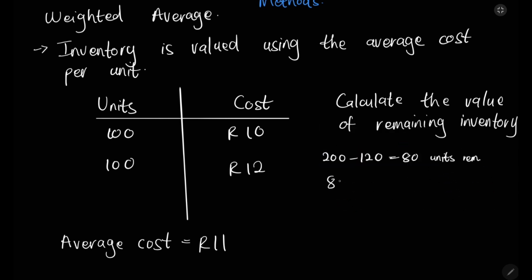So we have 80 units that are remaining. We have to multiply this with our average cost, which is 11. So can you guys see that if your average cost isn't accurate, all your information will be wrong. So make sure that you find the proper average cost. We'll say 80 times 11, which is 880. This is your closing inventory.